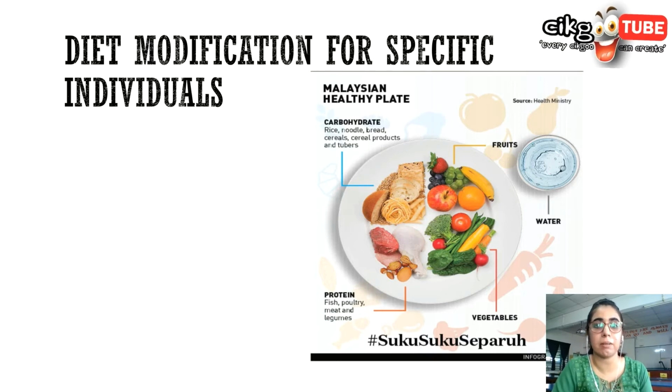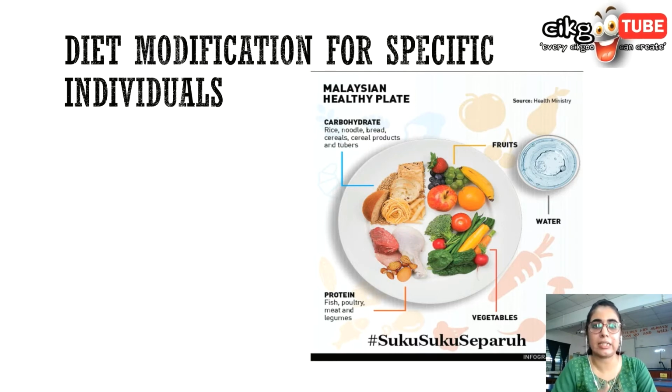Okay, there's a picture there, Malaysian Healthy Plate, which illustrates the relative quantity of various food classes in a balanced diet. Now, if you can see here, we have the suku separuh, where you take more on fruits and vegetables, and that's the separuh, half, and another quarter of it is protein and also carbohydrate.